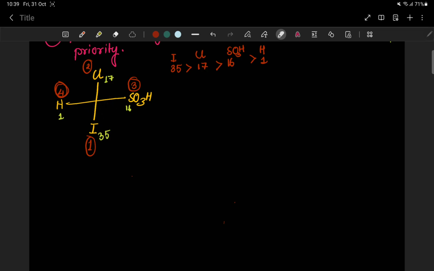I have to cover each and every position, and always remember that covering each position will give you some values. I will determine it this way: I will come over here and rotate from here. This is my R configuration.